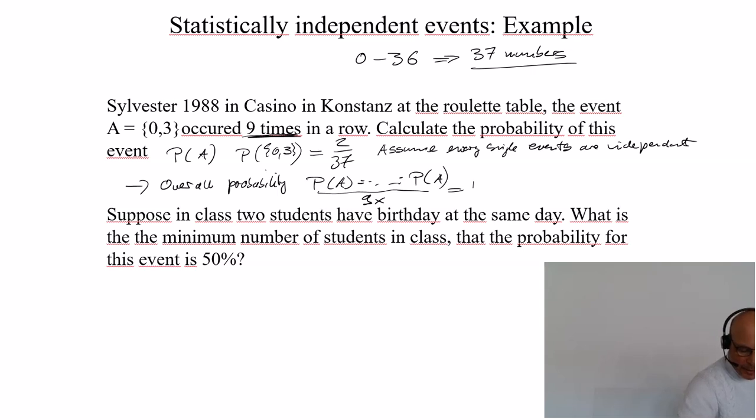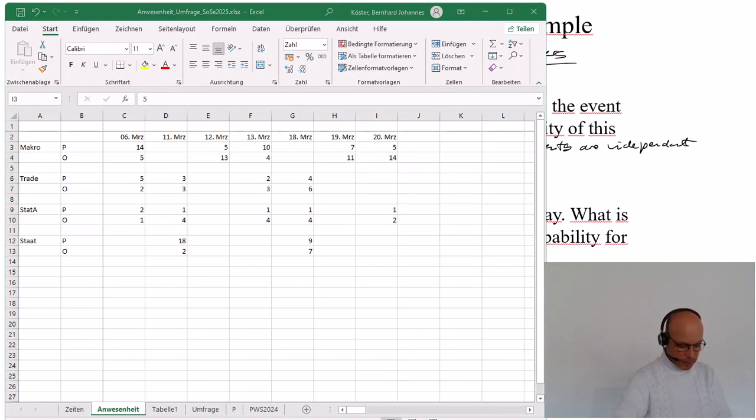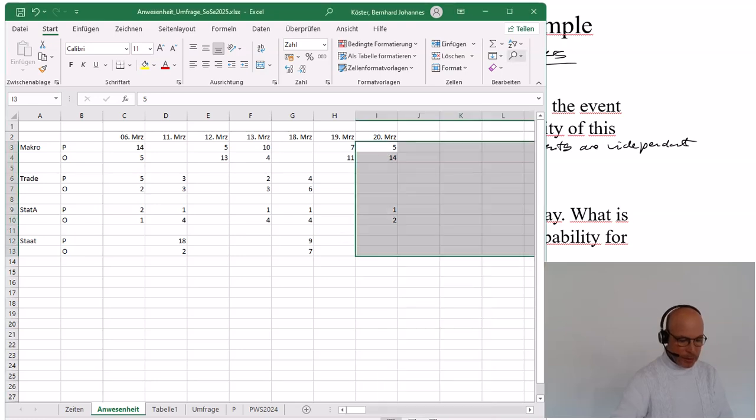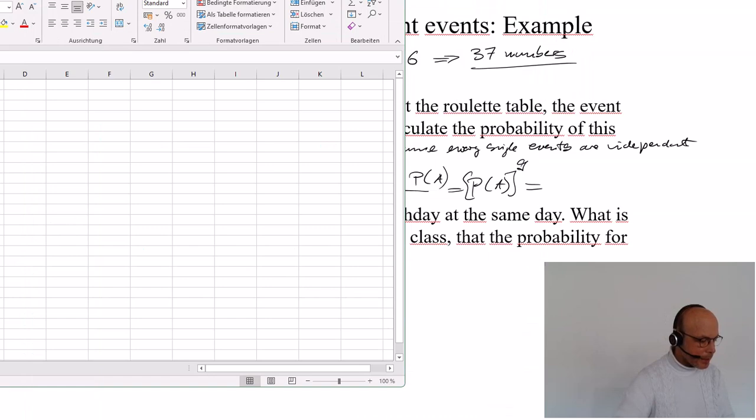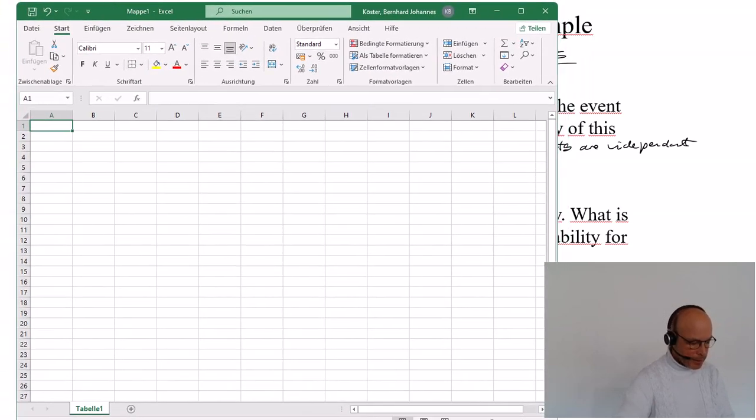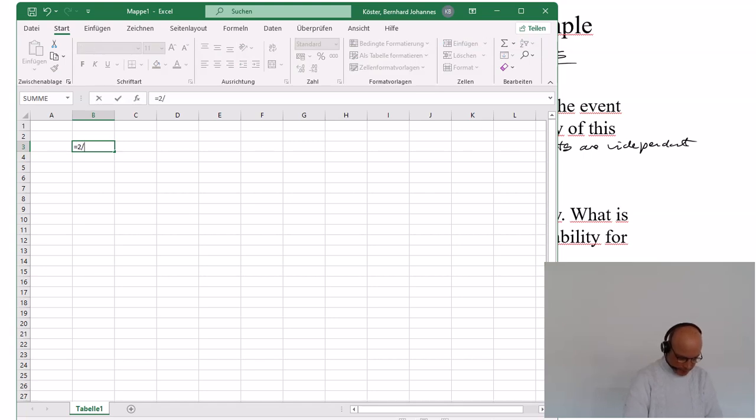So P of A to the power of 9. This I cannot do just in my head. So again, as we have already done, let's do it with Excel.